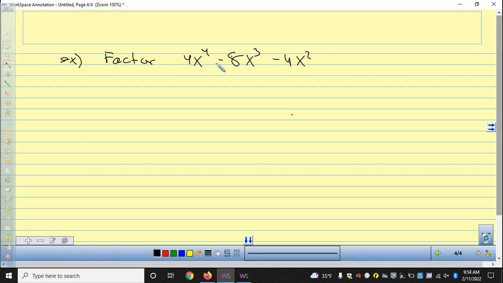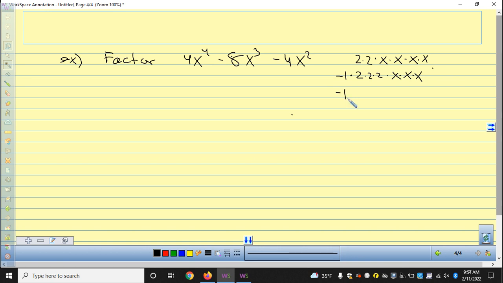4. All right, so let's factor each term. So 4x to the fourth is 2 times 2 times x times x times x times x. Here we have a minus 1 times 2 times 2 times 2 times x times x.